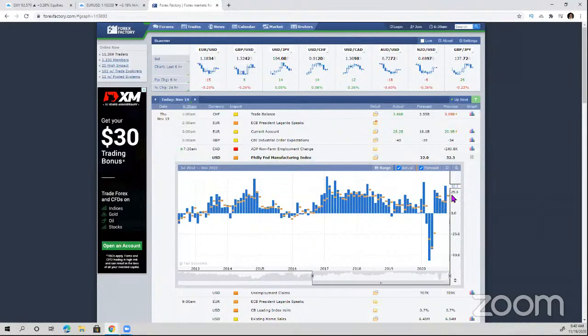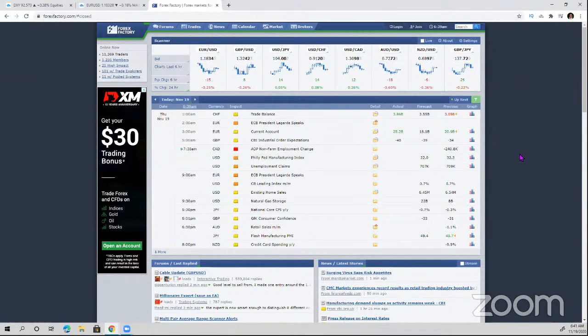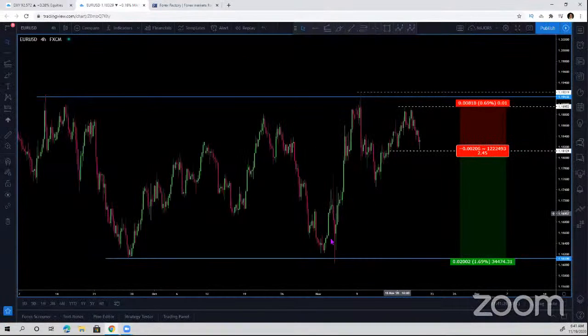Now we are expecting a lower number, but remember that analysts are conservative when it comes to expectations because they hate to see a wide difference between their expectations and the reality. So I do believe that we are going to come above expectations, which can boost the US dollar short term. That could be the trigger we are looking for.